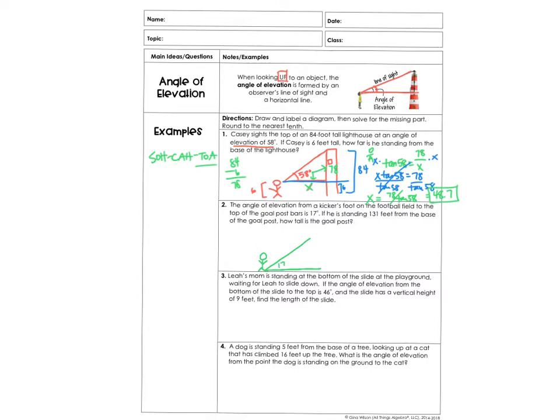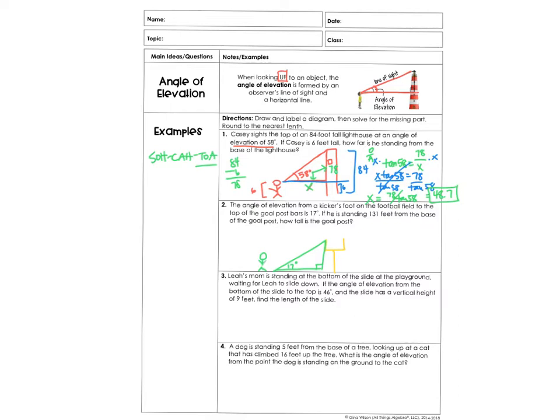So the elevation is 17 degrees, angle of elevation. Here's our goalpost. Let's make them yellow. Alright, so our angle of elevation is 17 degrees from his foot.